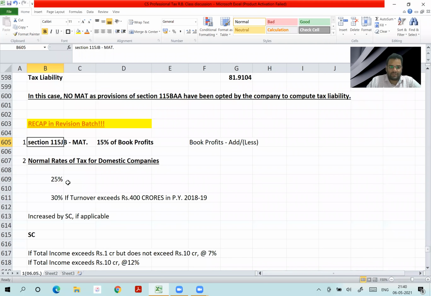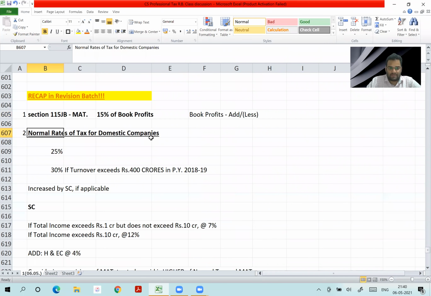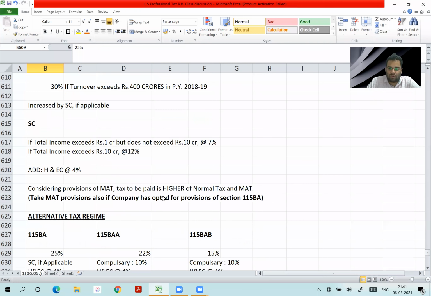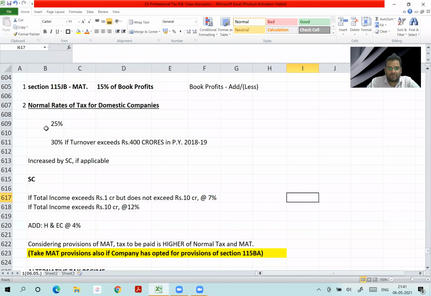Then I have discussed with you normal rates of tax for the company. You have understood normal rates of tax, correct? And I have told you here to take MAT provisions also if the company opted for 115BA. Correct? I have given you surcharge rates as well here, which you know anyways.